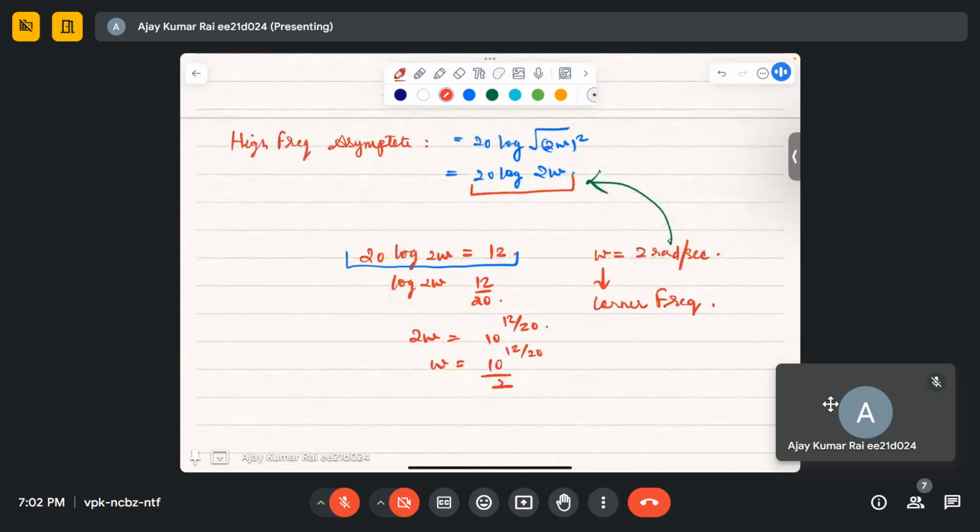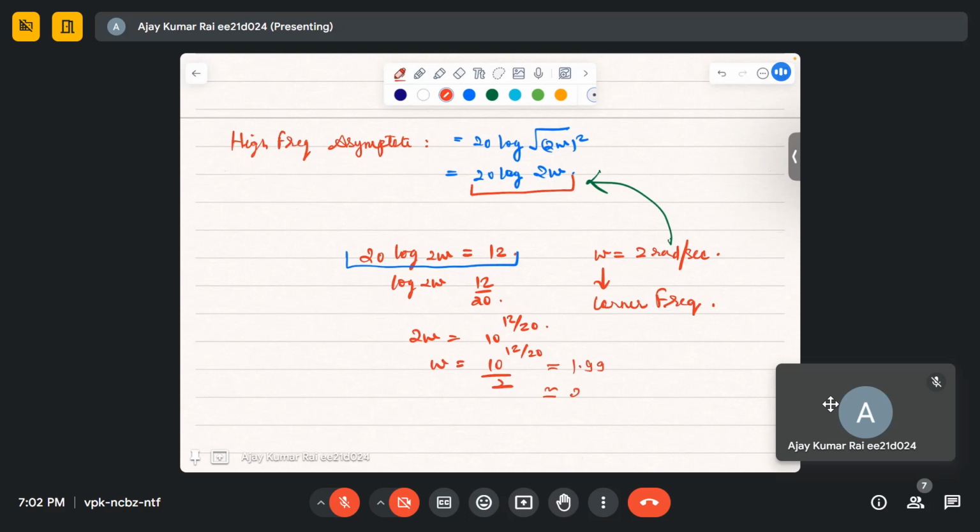So just calculate this also, we'll get the same thing. 10 raised to power, okay, this I'm getting is some 1.99.